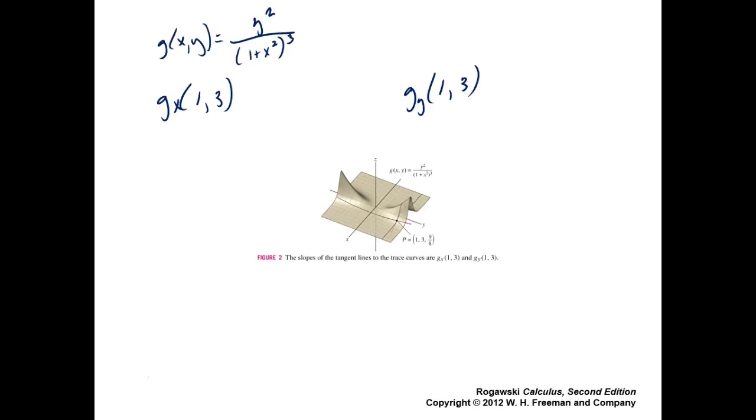Okay, let's take the partial with respect to first x and then with respect to y. So let's do partial of g with respect to x. What would that be?